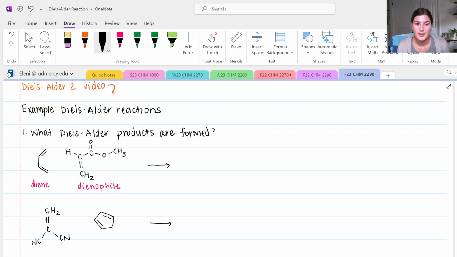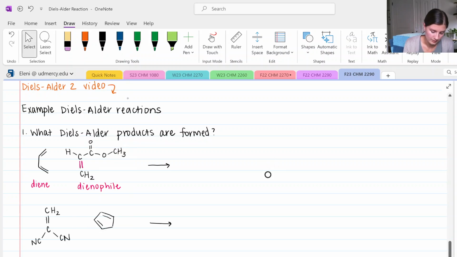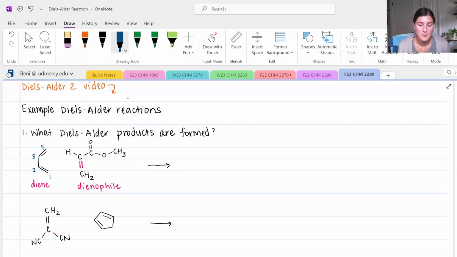So we know that the dienophile, wherever that carbon-to-carbon double bond is, those two carbons now add to carbon 1 on the diene and carbon 4 on the diene. If it helps, we can number the carbons.